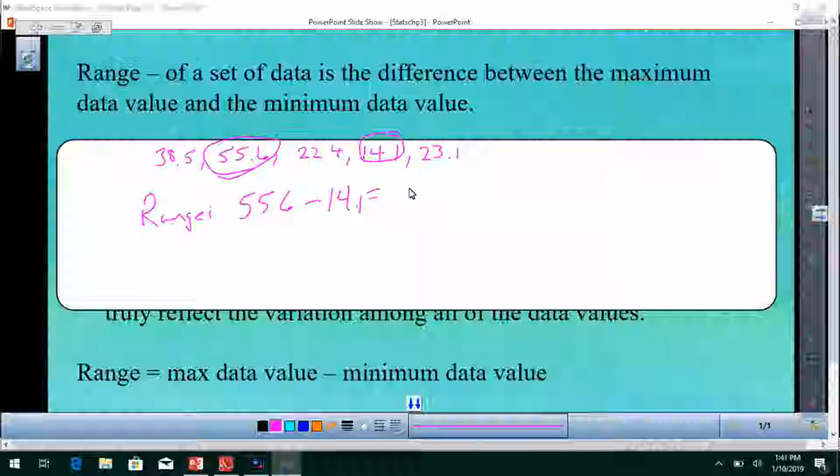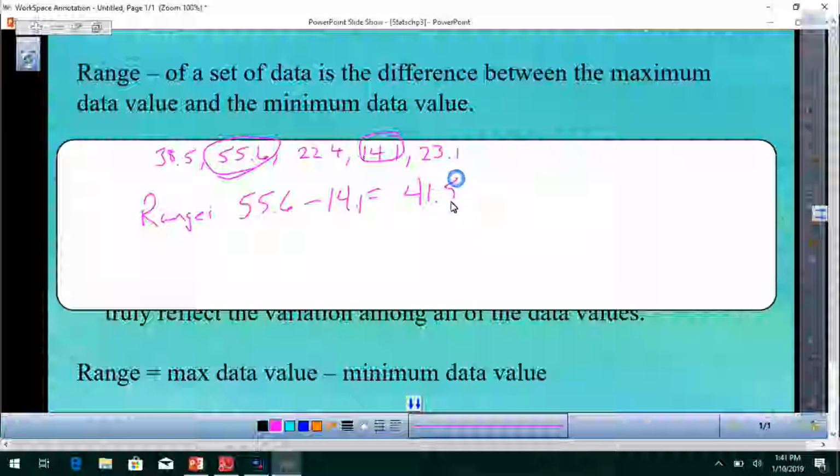So in this case, the range is 41.5. All right, good.